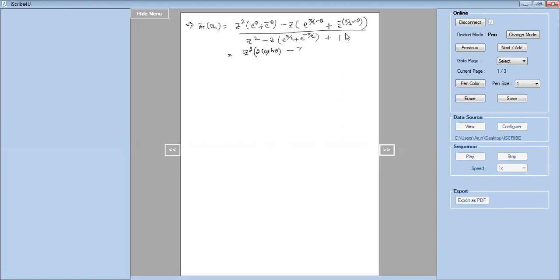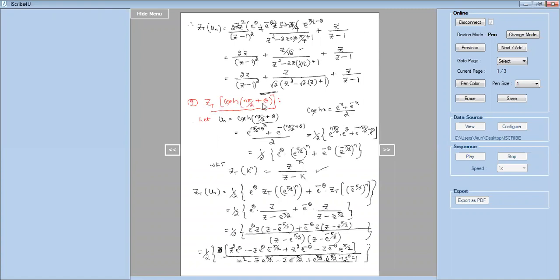I can write z into 2 cosh of x, x means pi by 2 minus theta, divided by the denominator, z square minus 2z cosh, x means pi by 2 here, so it is e power x plus e power minus x, 2 cosh x is pi by 2, plus the last term 1. So this is the Z transformation of your problem here.